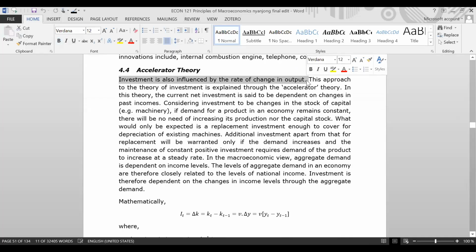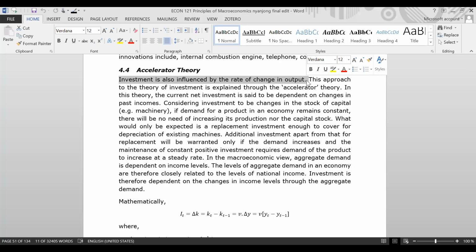The major thing is that we are talking about investment not really being influenced by the output level, but it will be influenced by the rate of change in output. Okay? The rate of change in output.